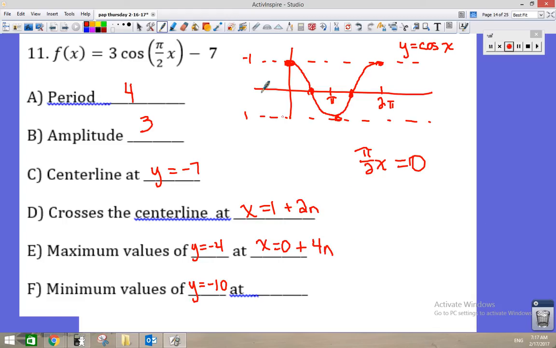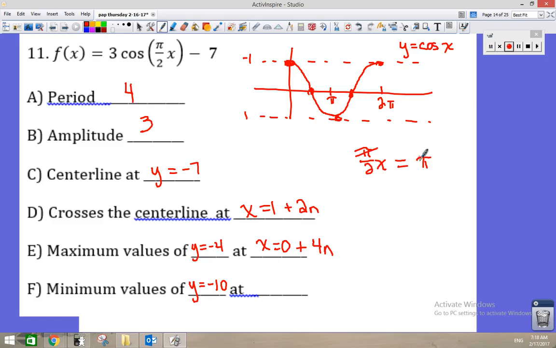And now for the minimum value, if I'm taking the cosine of pi, that's negative 1, and 3 times negative 1 is negative 3, and negative 3 minus 7 is negative 10. So if I can just find the value of x such that this is pi, I'll be in business.